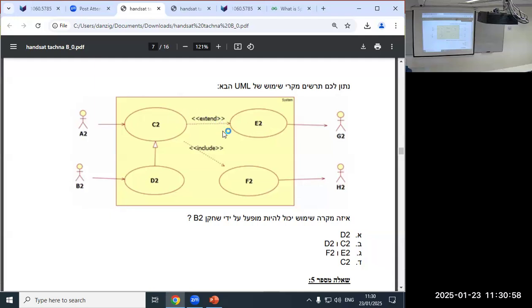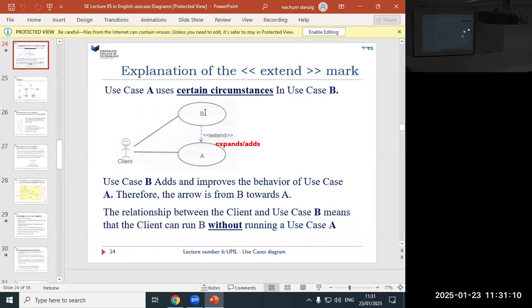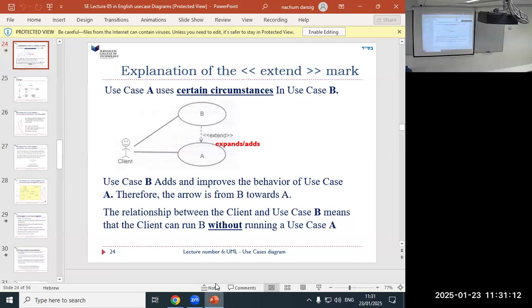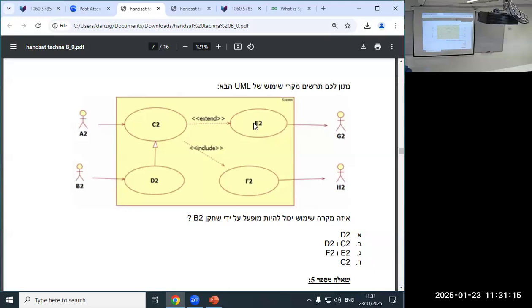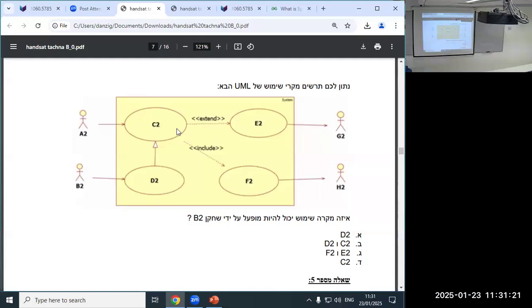But which is extending which? Use case B extends A. So which way is the arrow pointing? If B extends A, then this C extends E.